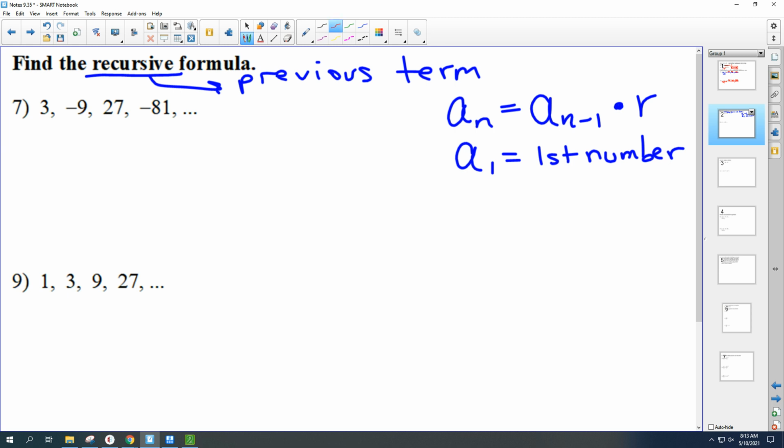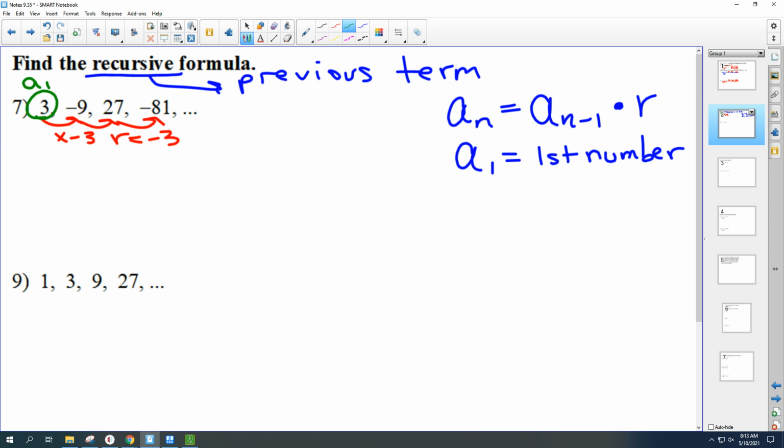So we've got a couple of things going on here. Number 1, let's find R. R is what we're multiplying by. Since this is times -3, we know that R equals -3. We also need to know the first term. The first term is just this 3 right here. That's A1.